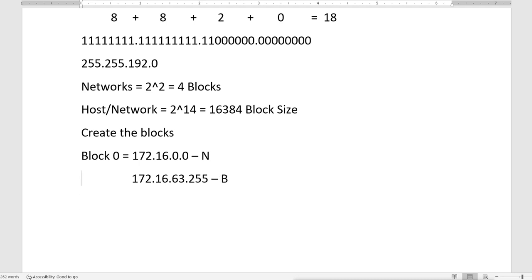That means the IPs we can use here are from 172.16.0.1 to 172.16.63.254. These are the usable IPs.